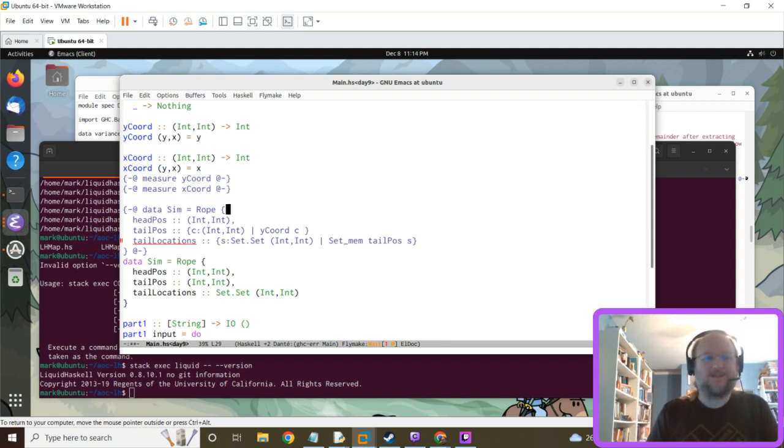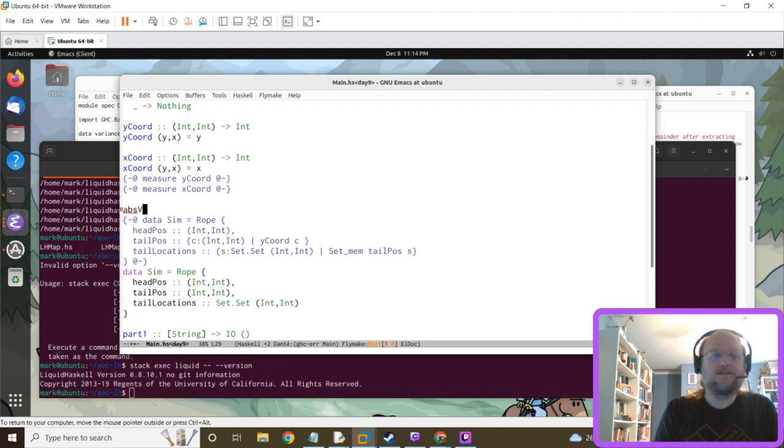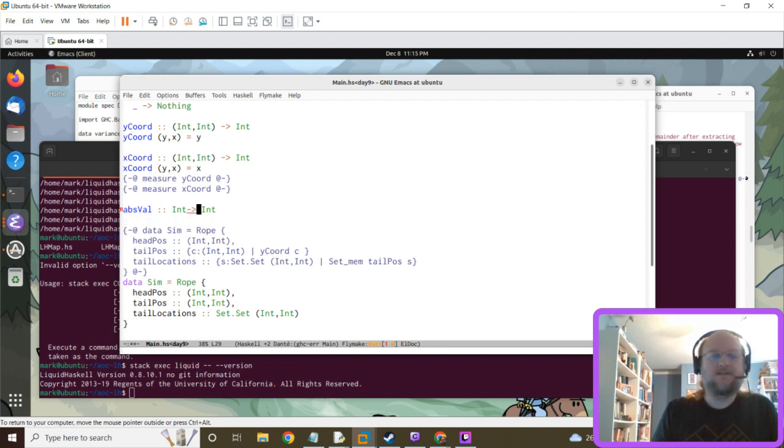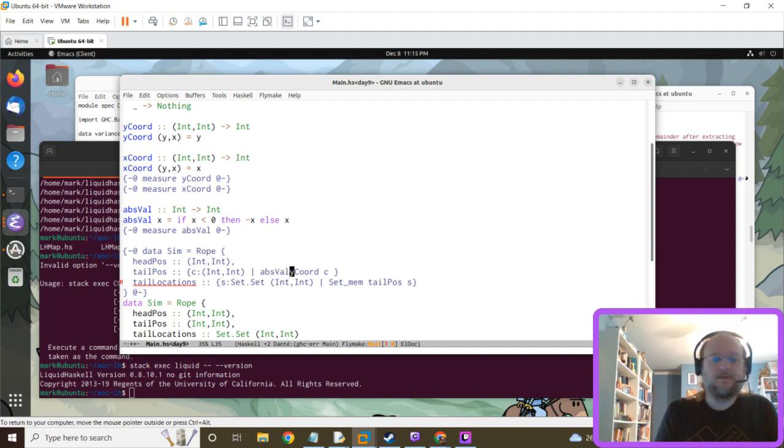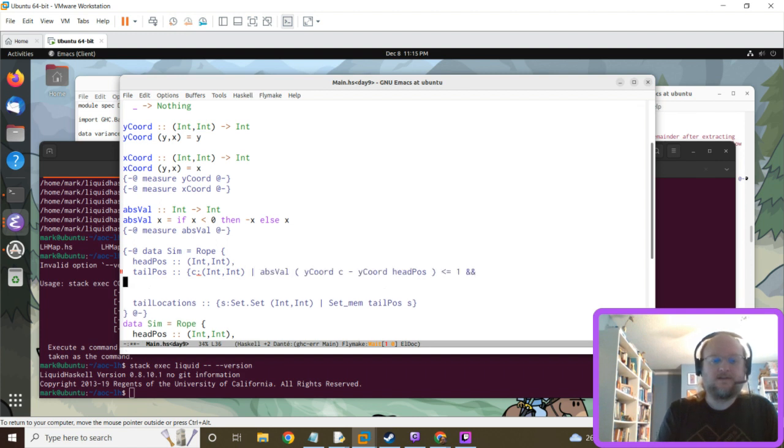I could write out all the cases, but let's just do y coord x minus y coord head, plus less or equal to 1, and same for x.